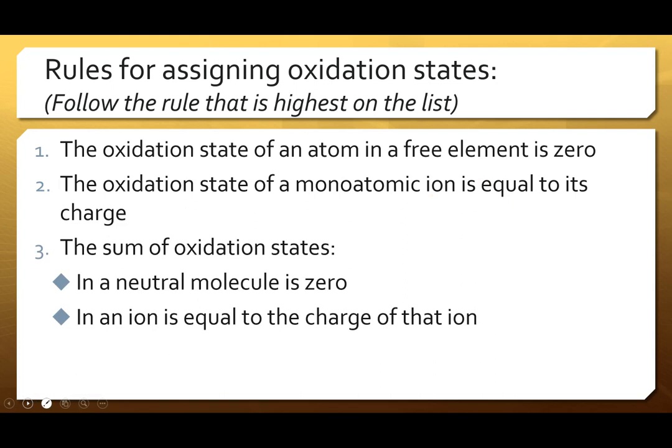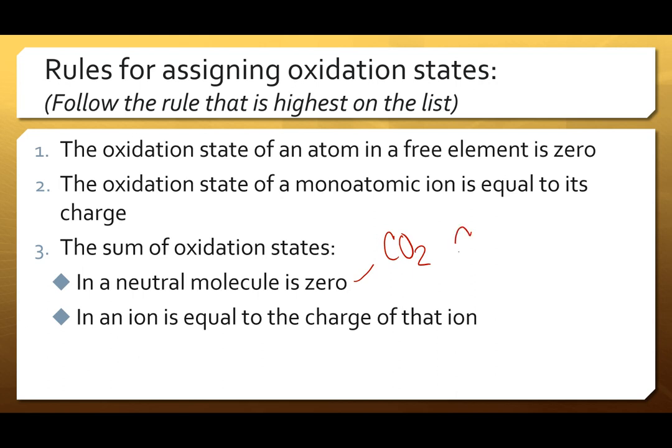If it's a neutral molecule, the sum of the oxidation states has to equal 0. And if it's an ion, the sum of the oxidation states has to equal the charge of that ion. So for example, CO2, carbon dioxide, is a neutral molecule.